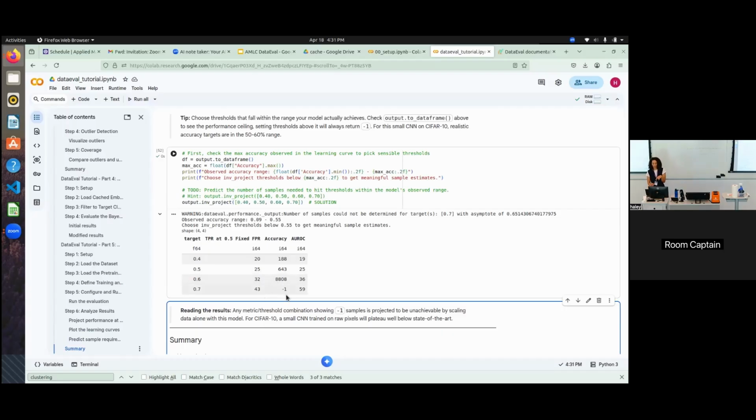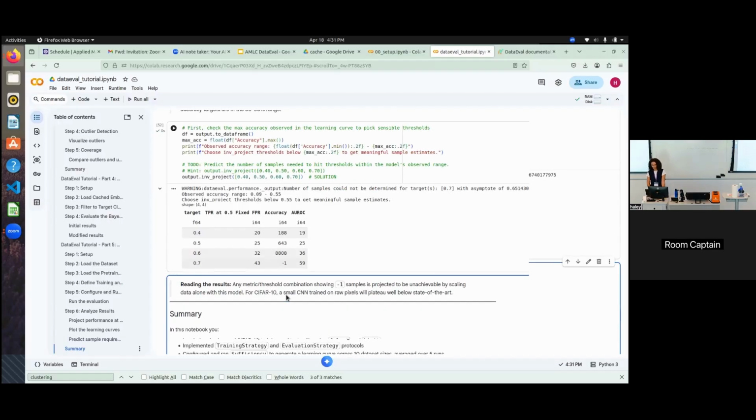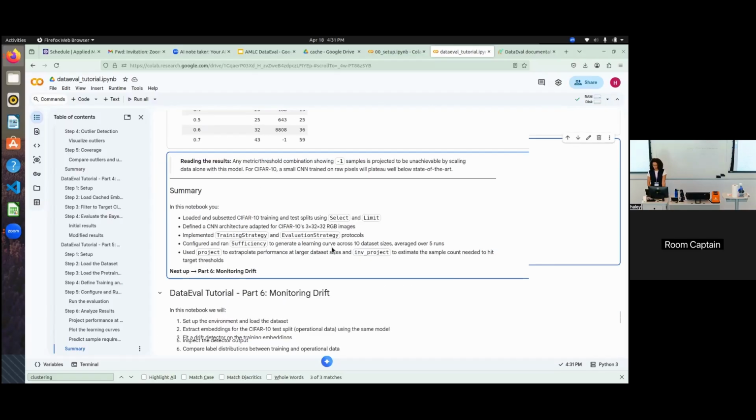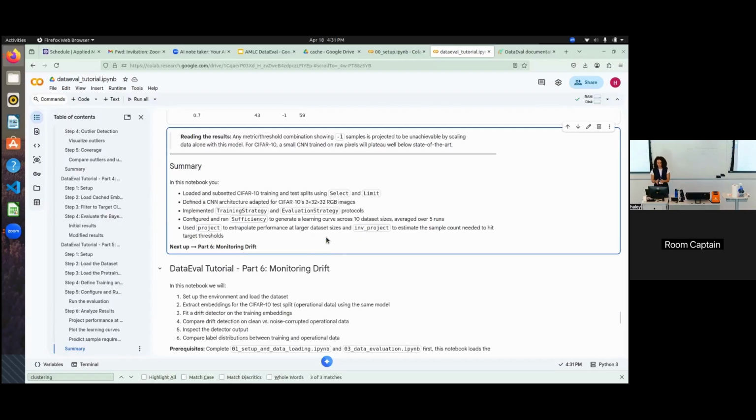And this -1 value is essentially indicating that the target is projected to be unachievable by scaling data alone. So you can keep increasing your percentage, but this plot is telling you that it's not going to happen. Yeah. So that is essentially how you would use sufficiency.